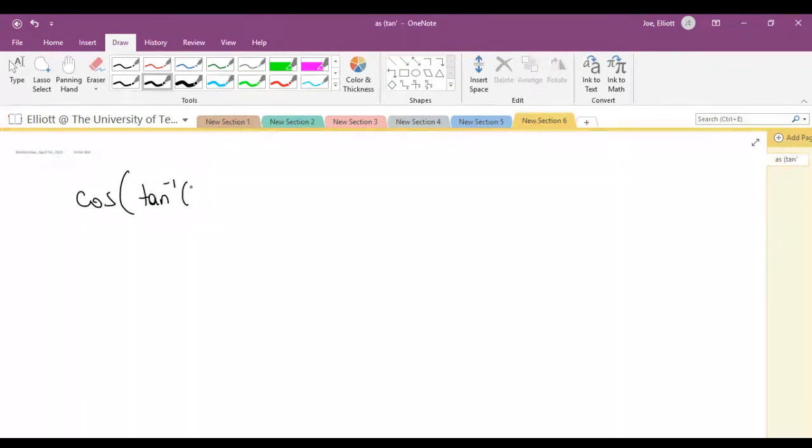So we want to come up with an exact expression for this quantity. So let me start with the expression inside of the cosine first. Okay. So we have inverse tangent of 4, okay?